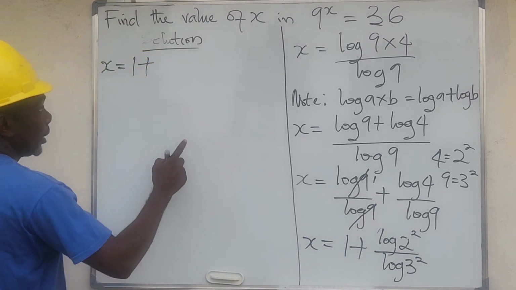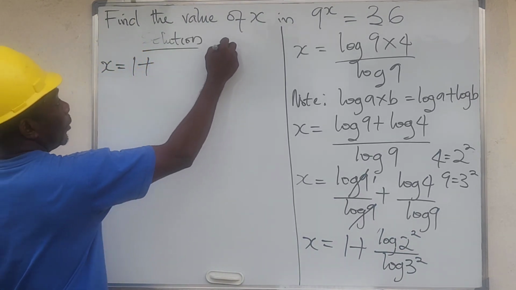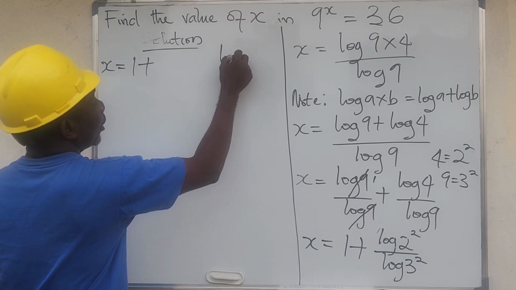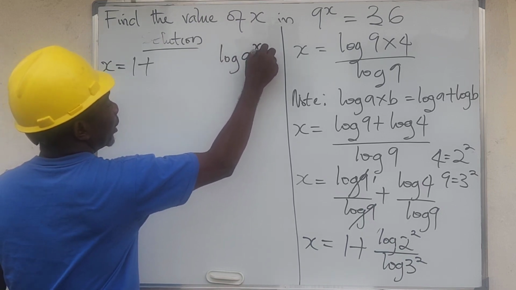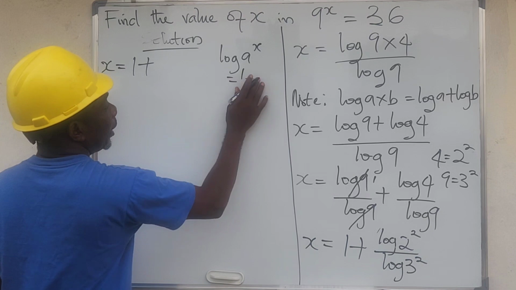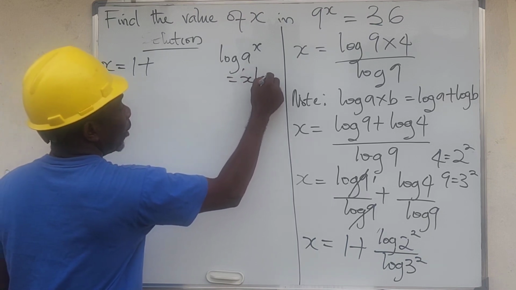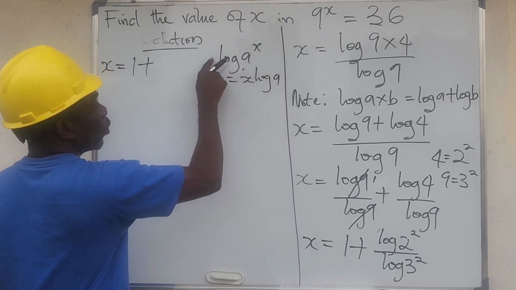Let's recall that when we have log a raised to the power of x, it is the same thing as x log a. So this exponent will come in front.